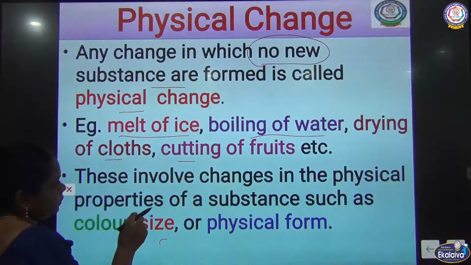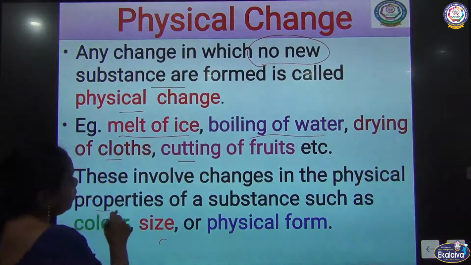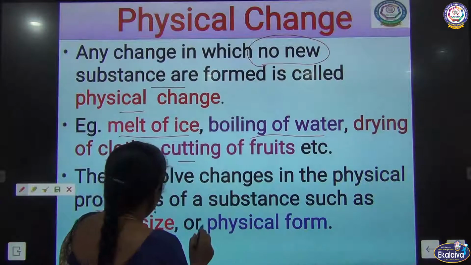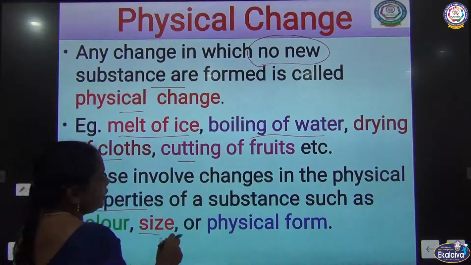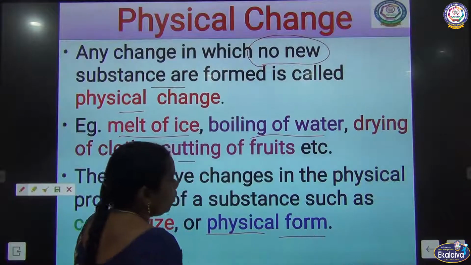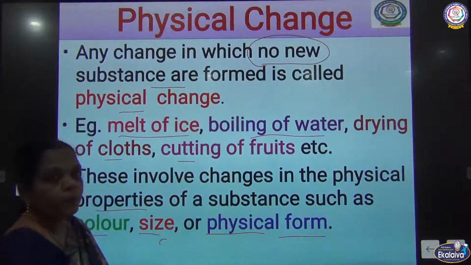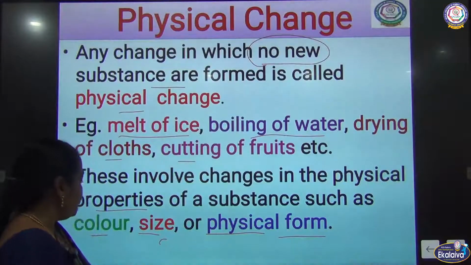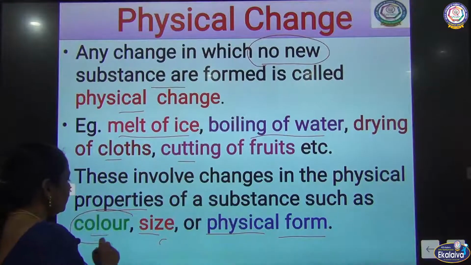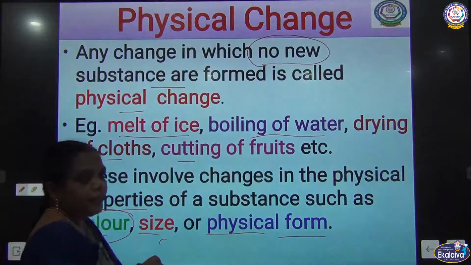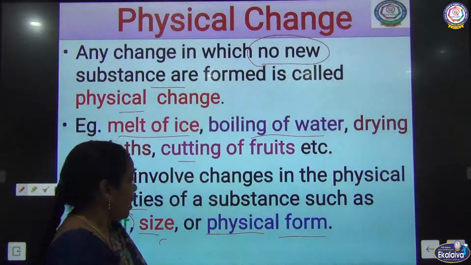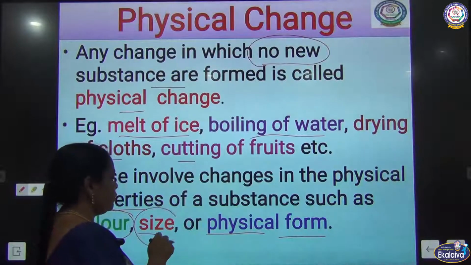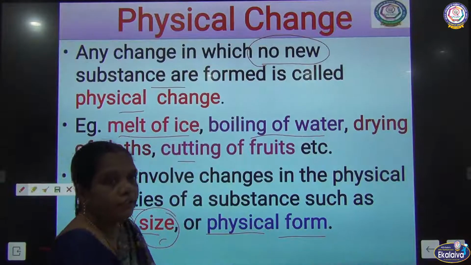So this change involves the physical properties of the substance, such as color, size and physical form. During this change, what are the changes? There is a change in the color and a change in the size.